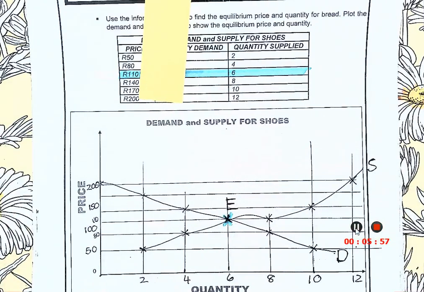Meaning, if we ask 110 Rand, I will supply 6, and 6 will be sold. There will be nothing left. That's market equilibrium.